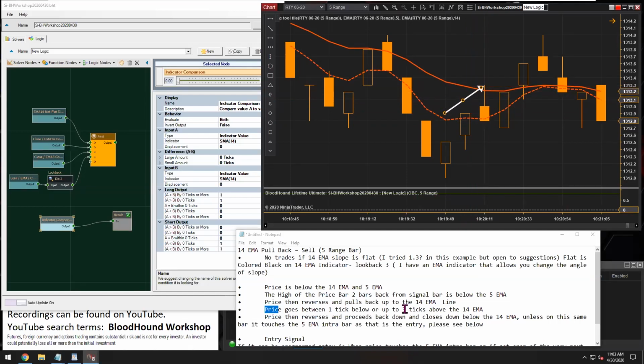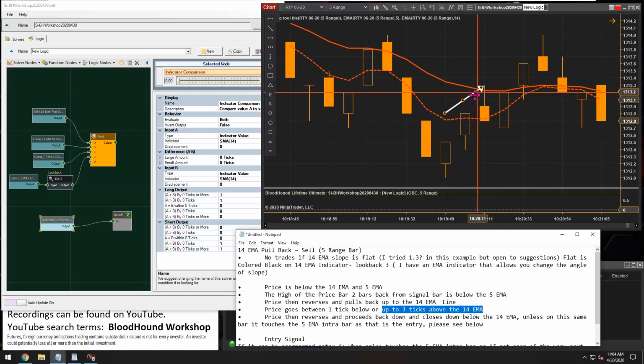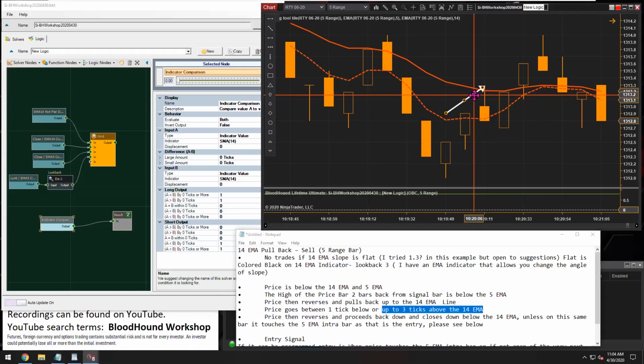The high of the bar is what we're looking at when we're looking for this limit of 3 ticks, no more than 3 ticks above the EMA. So we're going to use the high price of the bar to find these wicks here.